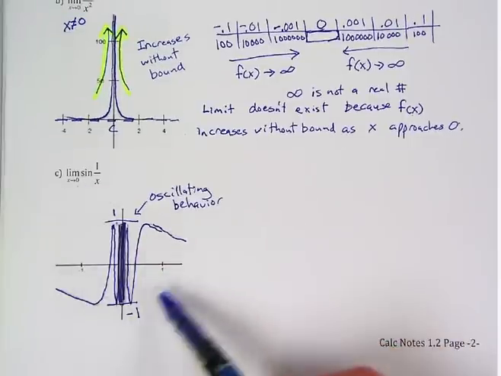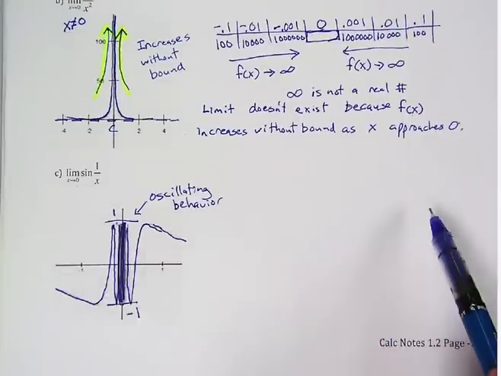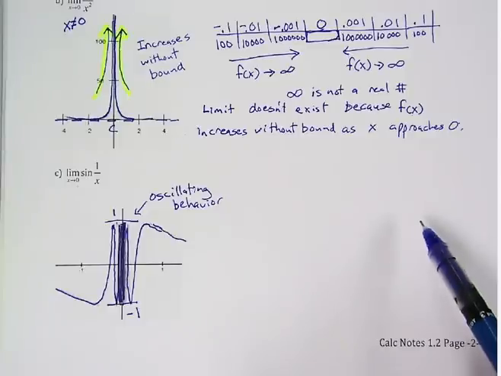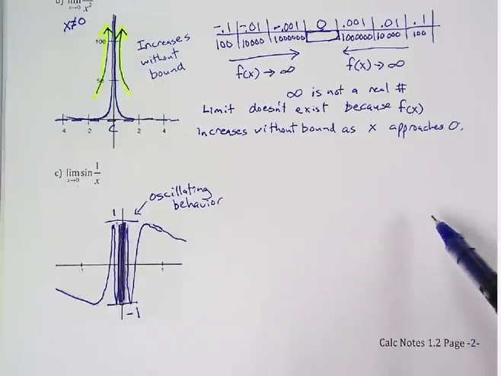Now for these ones, we're not actually going to use a table of values. You can look in your textbook if you're interested about that, but that's going to be outside of what we're going to be doing here.